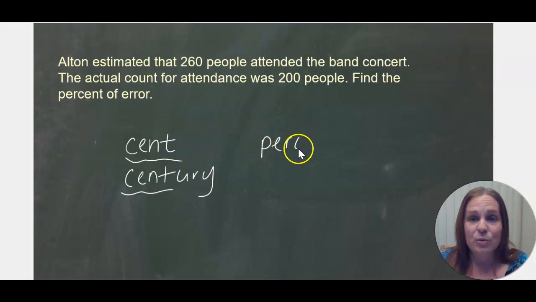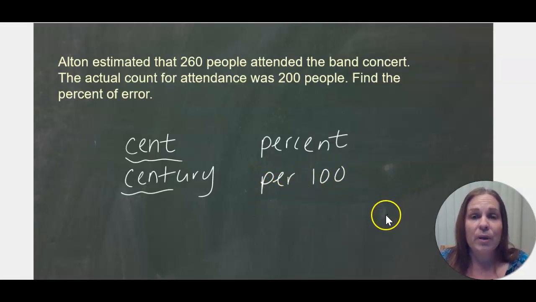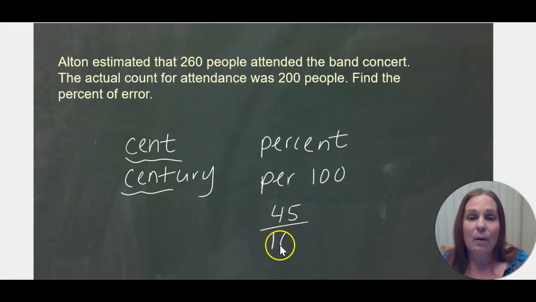Percent is no different. Percent just means per 100. So if someone says there's a 45% chance of something happening, that means 45 times out of 100, right?